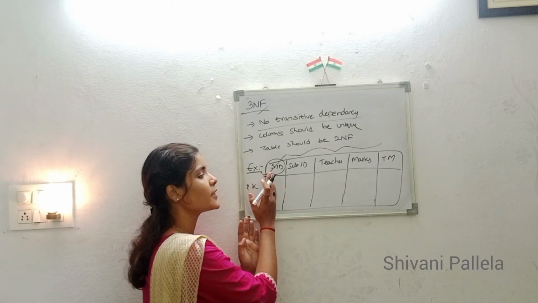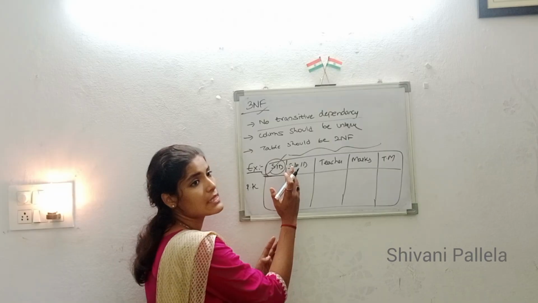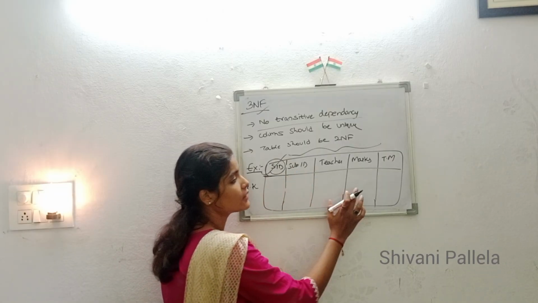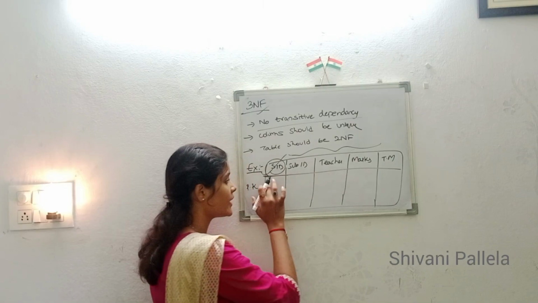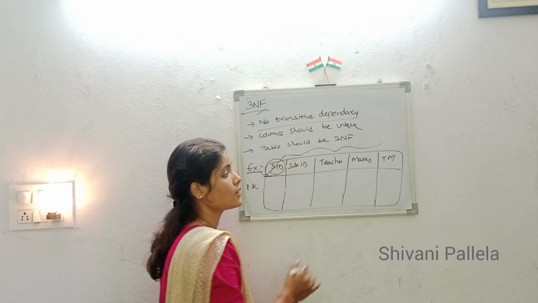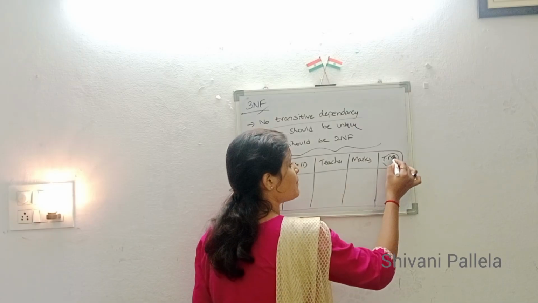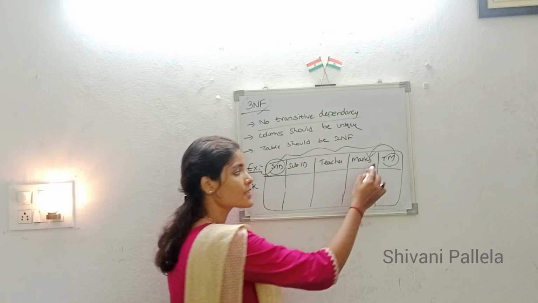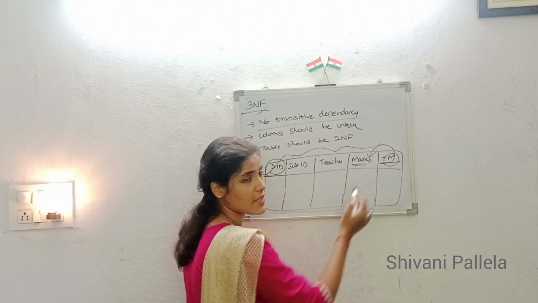If we enter the student ID, we will get the subject ID. If we enter the student ID, we will get his or her marks. If we enter the student ID, we will get the total marks, everything. But total marks is depending on the marks. Total marks will be depending on the student marks, right?